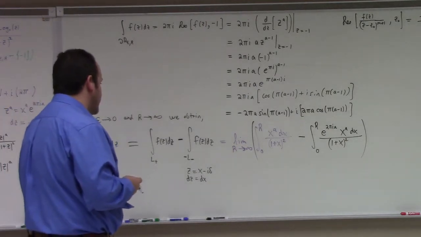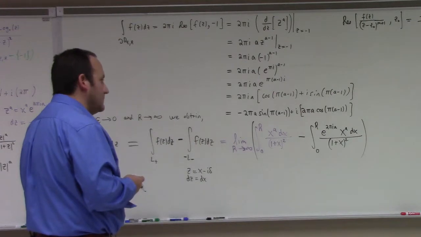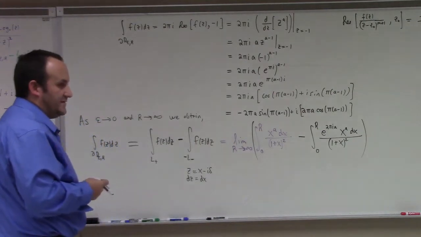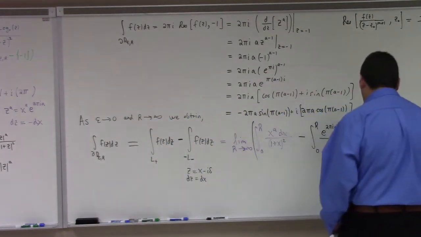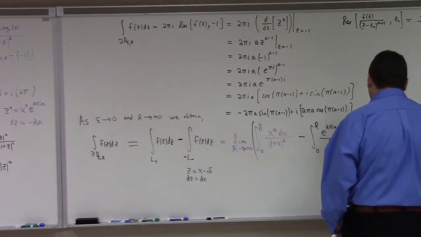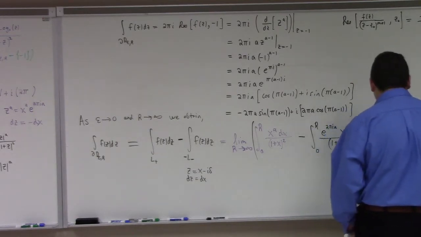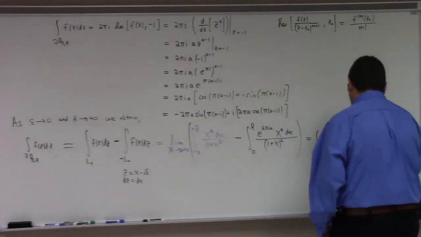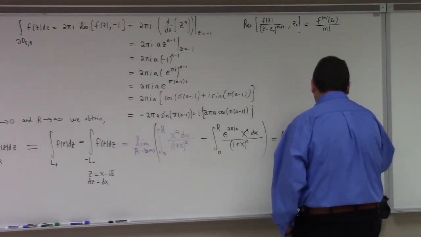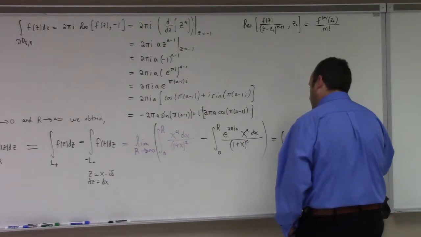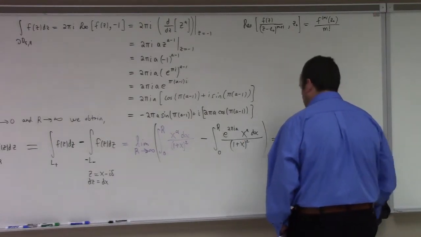I have shown you the heart of the calculation at least. That 2 pi i a is just a constant factor that can be pulled out. And so what we're looking at is really 1 minus e to the 2 pi i a times the integral, assuming it exists, from 0 to infinity of x to the a dx over 1 plus x squared. I don't have to assume it exists in this one; I think this proves that it does.